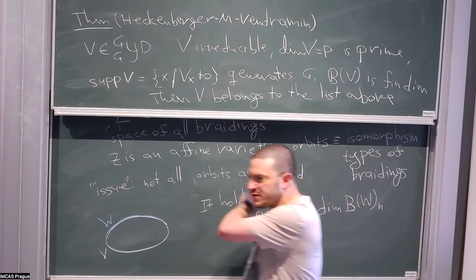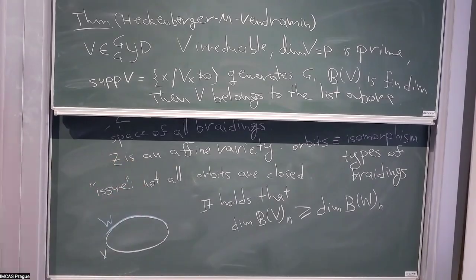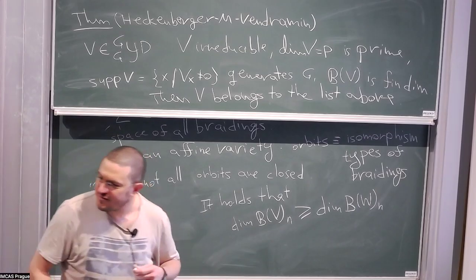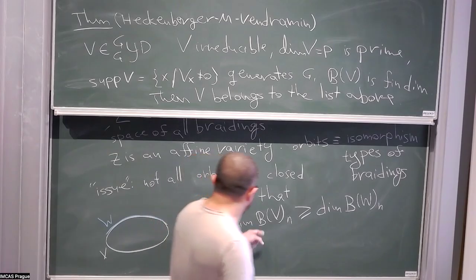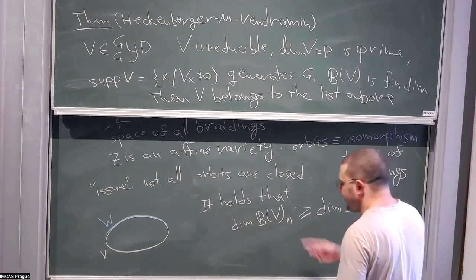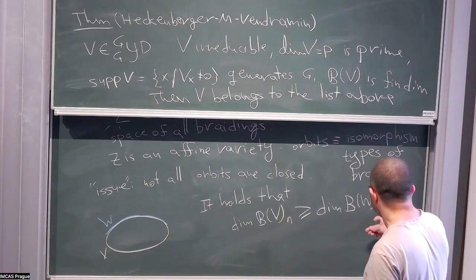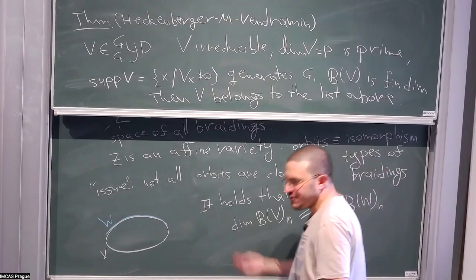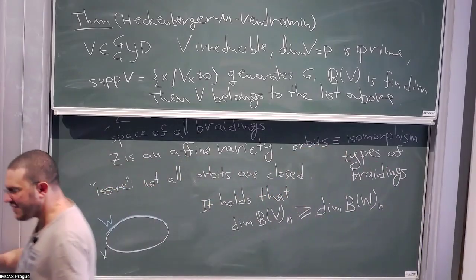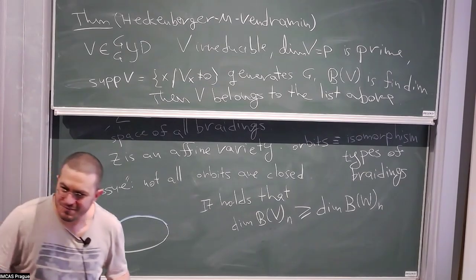So when I go to another orbit on the boundary, the only thing that might happen is that I will go down by the dimension of the homogeneous pieces of the Nichols algebra. So in particular, if B(V) is finite dimensional, then necessarily B(W) is finite dimensional. And if B(W) is infinite dimensional, then B(V) is infinite dimensional.